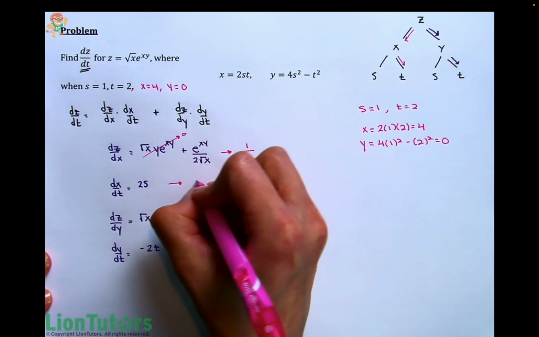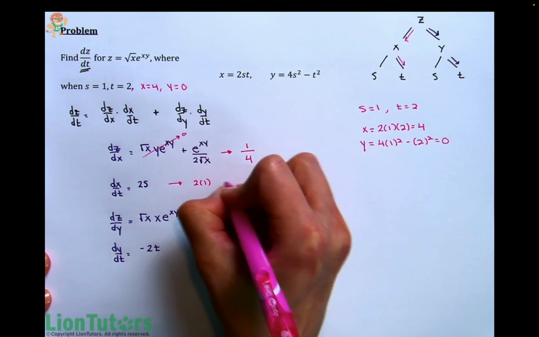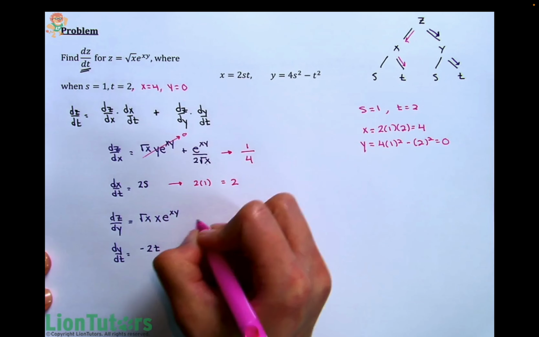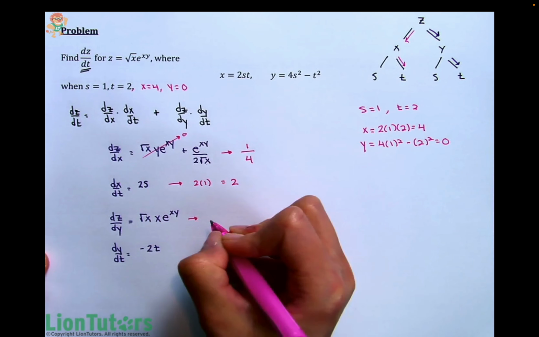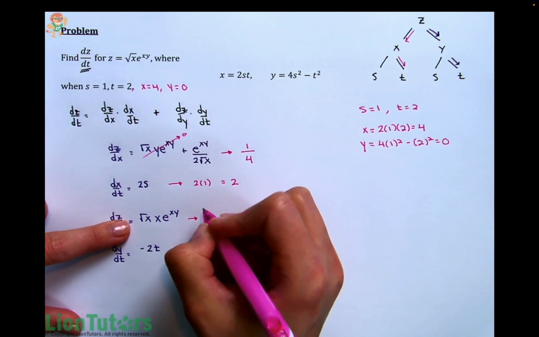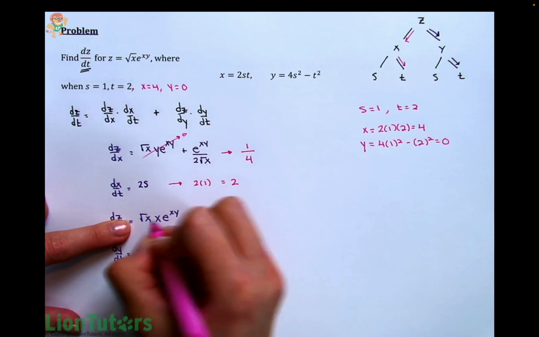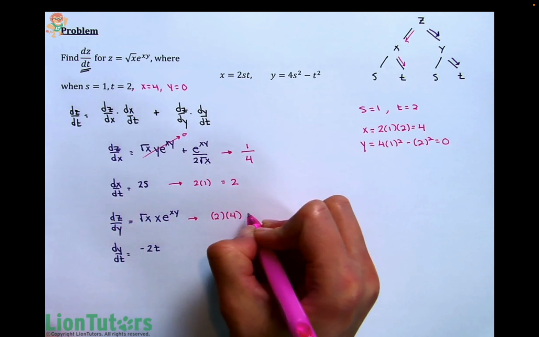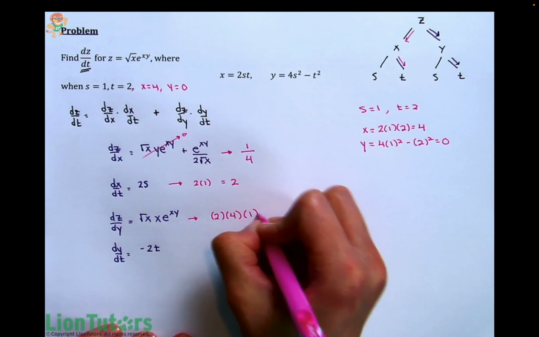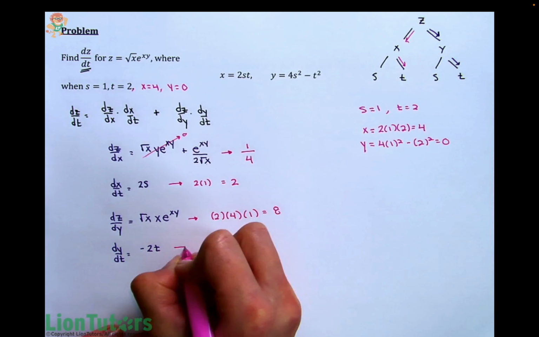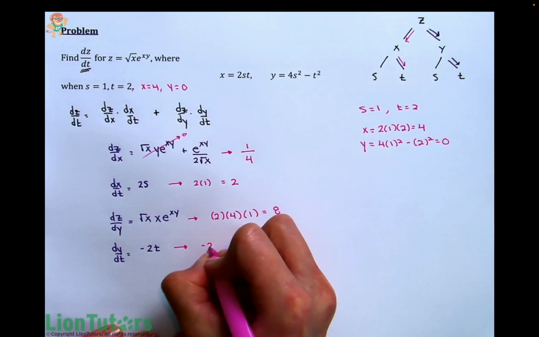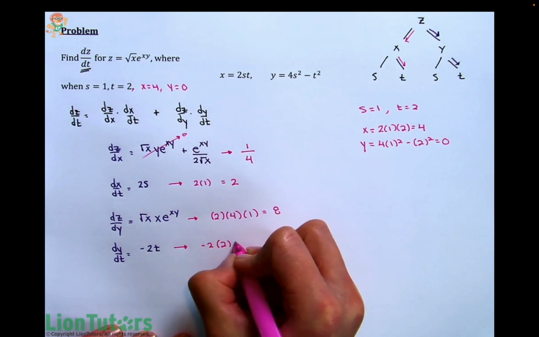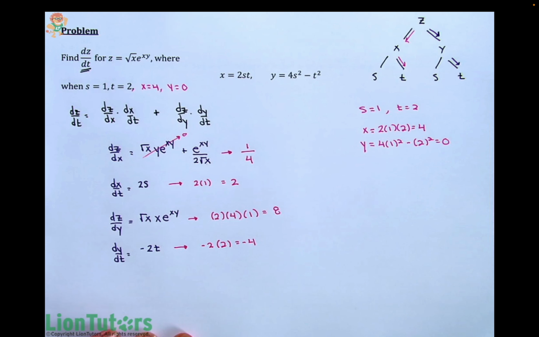Plugging in a 1 for s, that's going to give us 2 times 1, which is 2. Coming over here, plugging in a 4 for our x, that's going to be 2 times 4 times e to the 0, which is just 1, so that gives us 8. And then right here, negative 2 times the t value of 2, that gives us a negative 4.